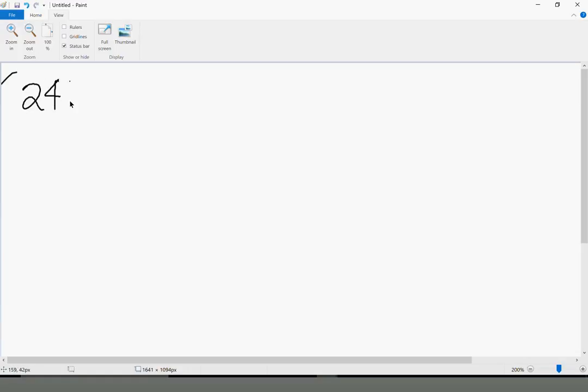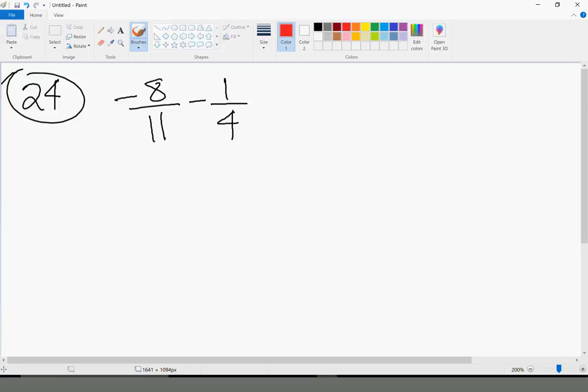Okay, 24, negative 8/11 minus 1/4. Okay, so we are subtracting integers. Let's change this to adding the opposite. So we're going to keep the first fraction the same, -8/11.